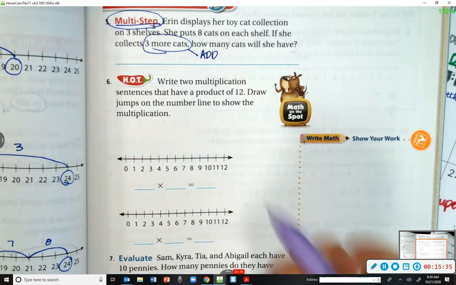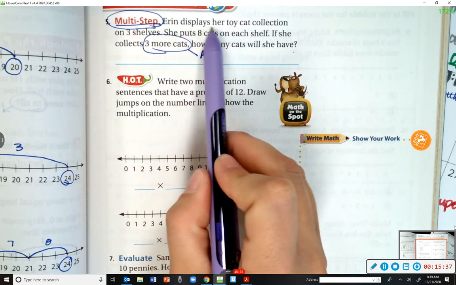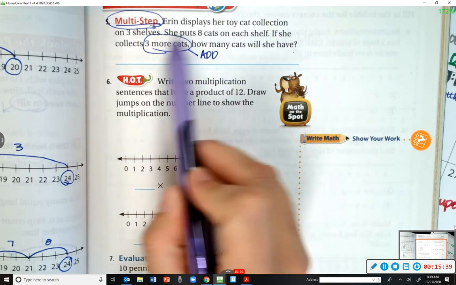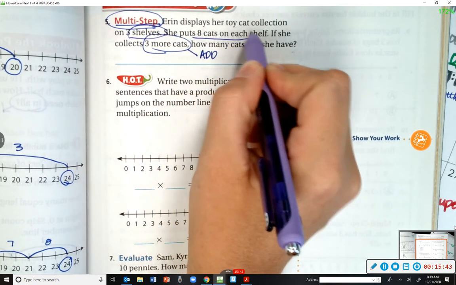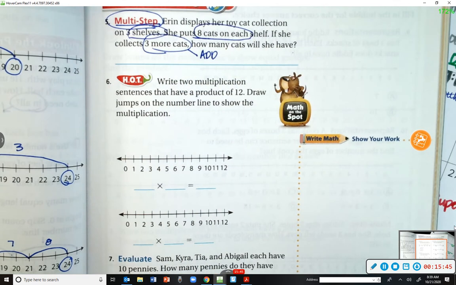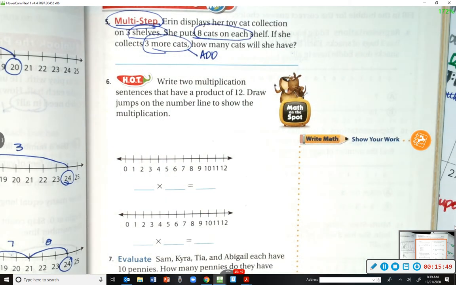Okay, now let's go up to this first part. It says, Erin displays her toy cat collection on 3 shelves. She puts 8 cats on each shelf. Does that sound like equal groups if I have 3 shelves, 8 on each shelf? Does that kind of sound like the groups of things that we were practicing with yesterday and the day before? Yes.